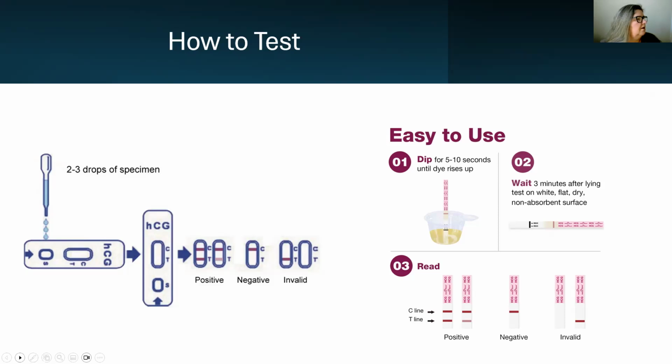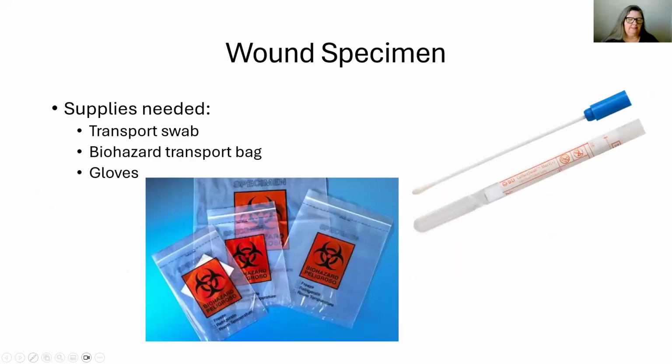Okay. All right, wound specimens. Wound specimens are anything that the provider wants you to take the specimen of, okay? And that can be a boil, an abscess, a cyst, an actual wound, laceration or anything like that, an ulcer.